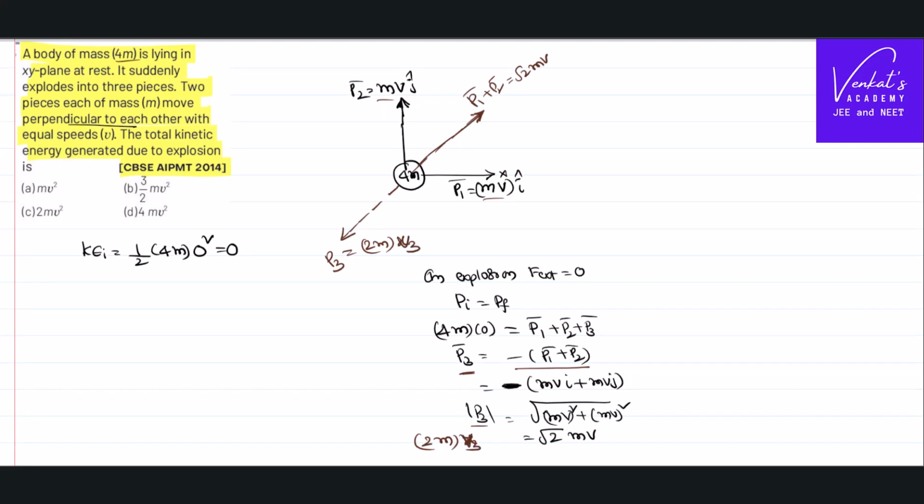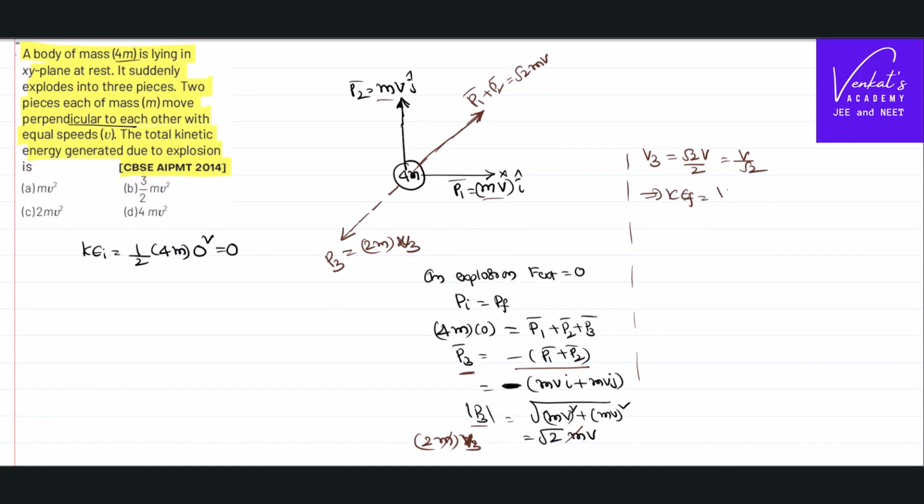So 2m into V3 equals root 2 times mv. The m can be cancelled. That implies V3 equals root 2 v by 2, that is, v by root 2. I got the final velocity.